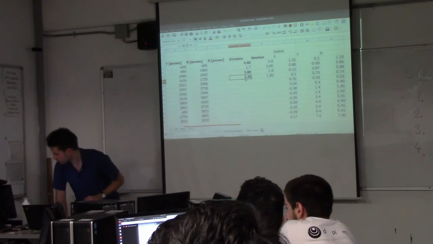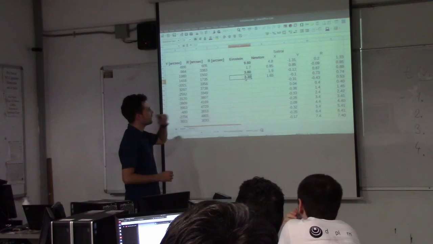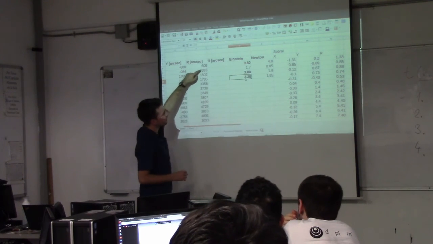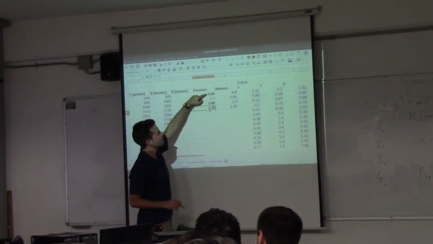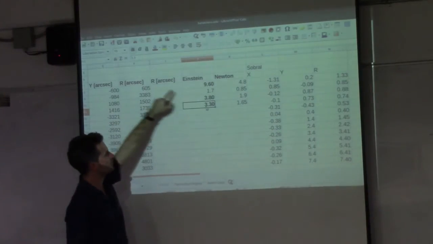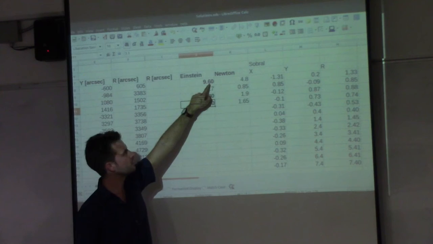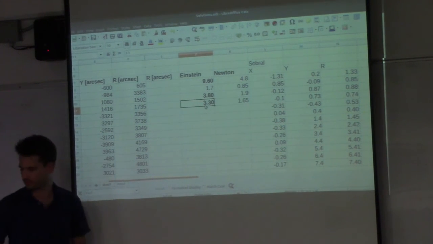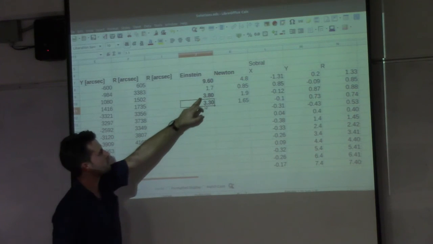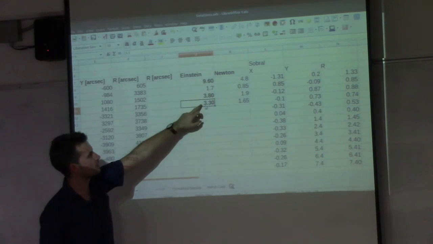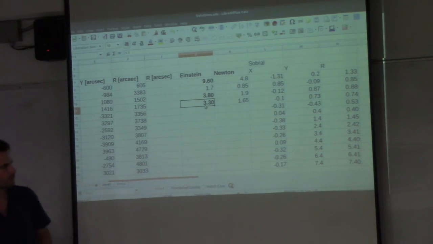Okay, we can do one more, and then we can compare with the results. What you can also see here is that the calculation is going the right way. For the star that's the closest, the deflection is the largest, and then it goes down with the distance. So this one is further away, this one is much closer, this one is a bit further away again.